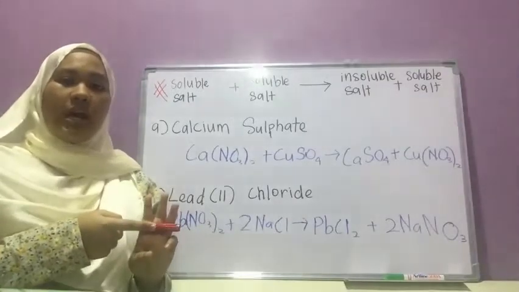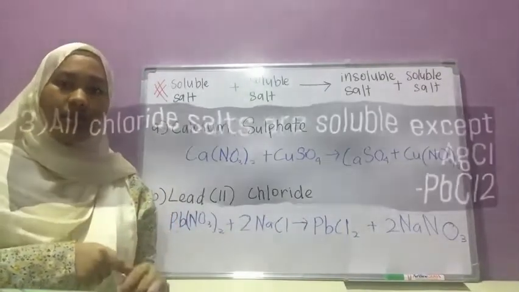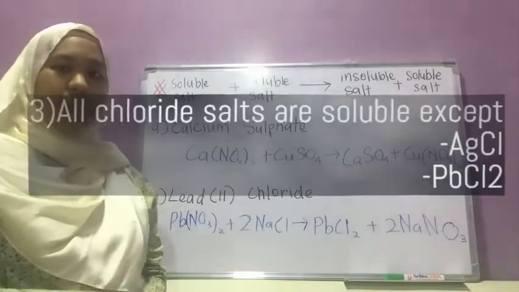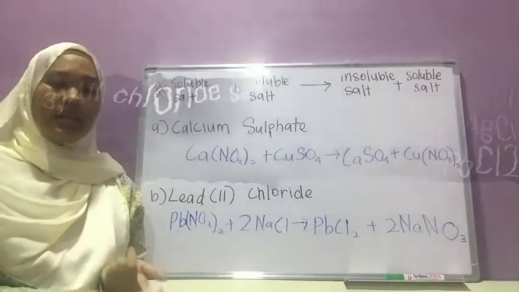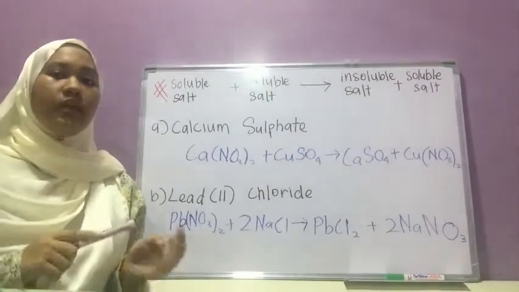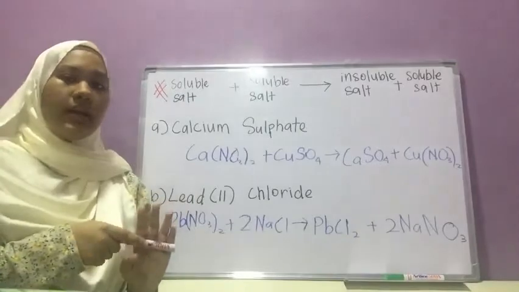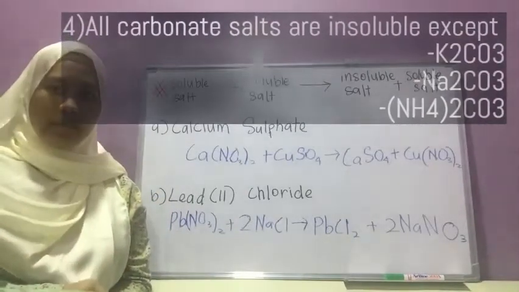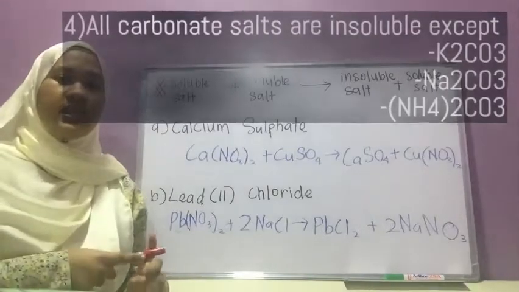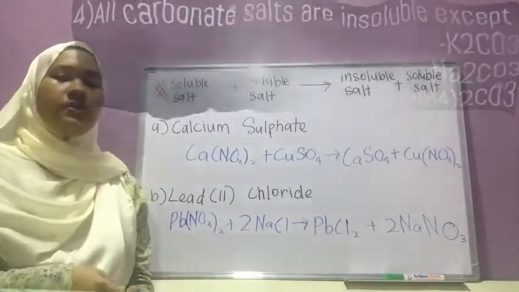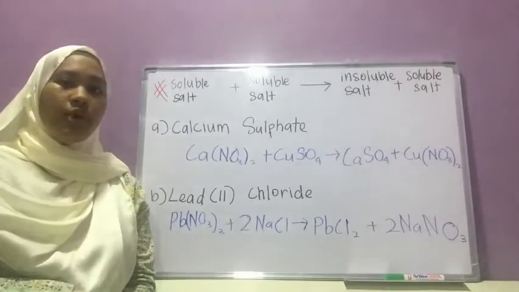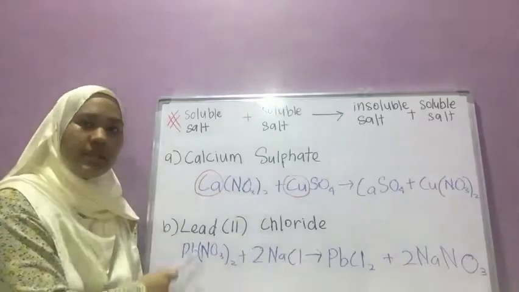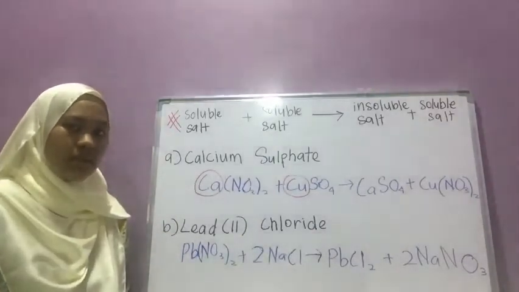Third, all chloride salts are soluble except for two, which are silver chloride and lead chloride. Fourth, the last one, all carbonate salts are insoluble except for three, which are potassium carbonate, sodium carbonate, and ammonium carbonate. So these are two examples of insoluble salts.